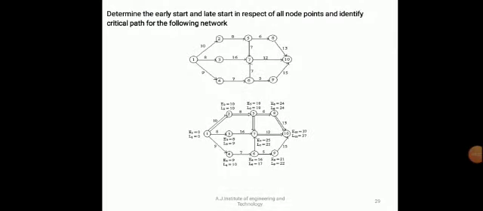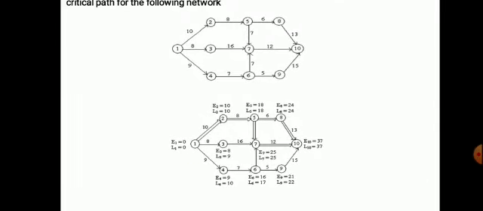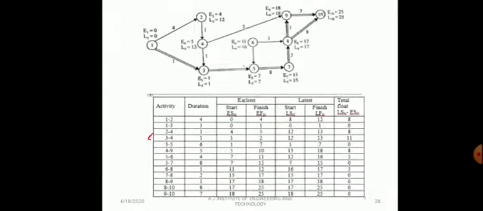Now you can see here, early start and the late start in respect of all node points, and identify the critical path for the following network. Now, all activities are given, 1 to 2, 2 to 8, all those things. Finally, we can calculate.